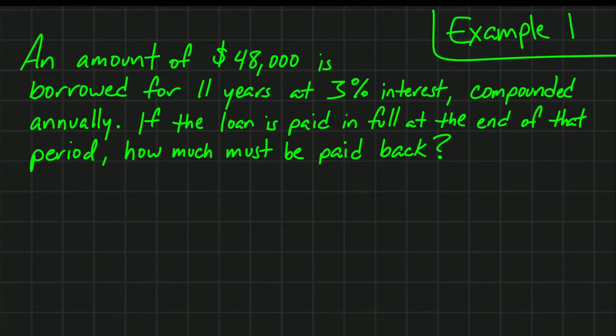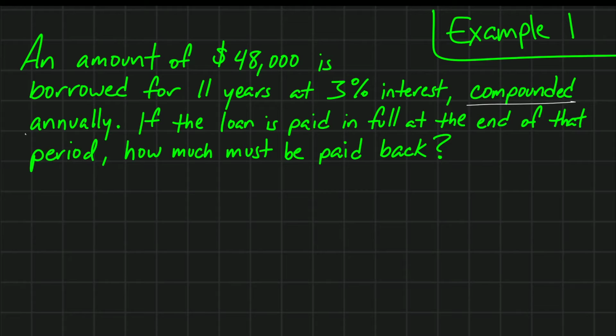Here's example number 1. An amount of $48,000 is borrowed for 11 years at 3% interest, compounded annually. If the loan is paid in full at the end of that period, how much must be paid back? All right, so first this is going to be mostly reading that we have to go through. So as we're looking at this, we're looking at compounded annually.